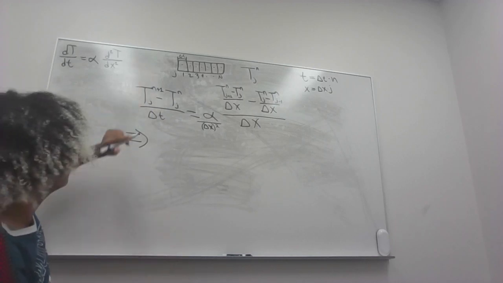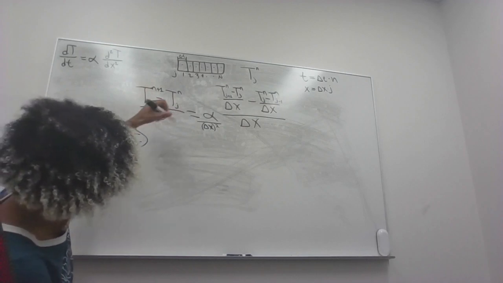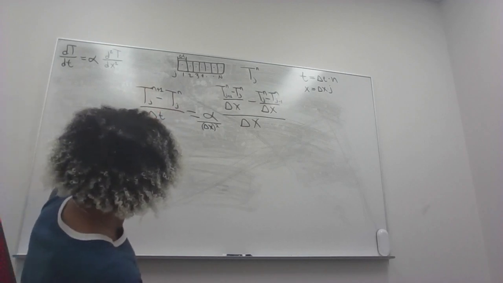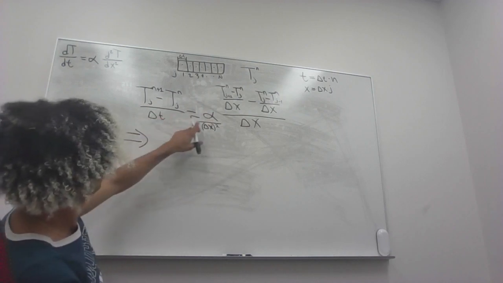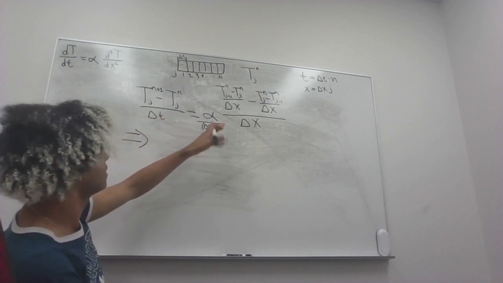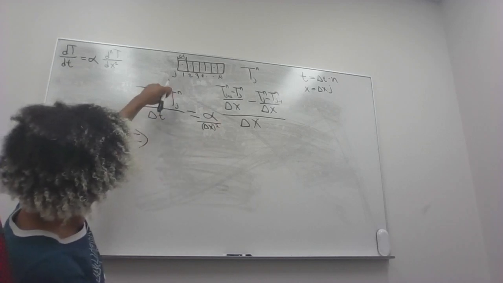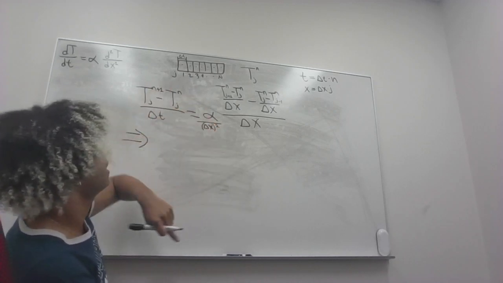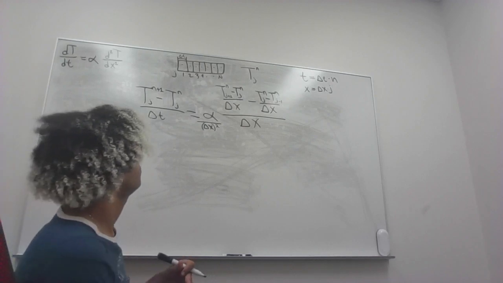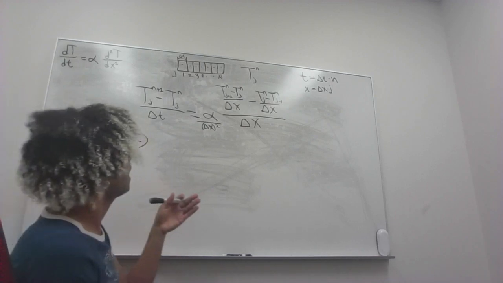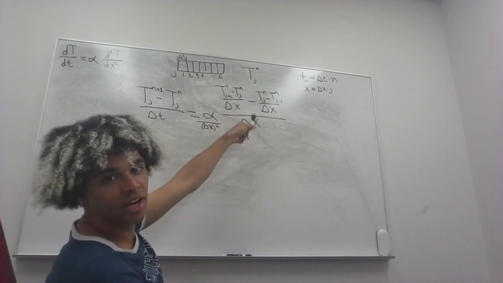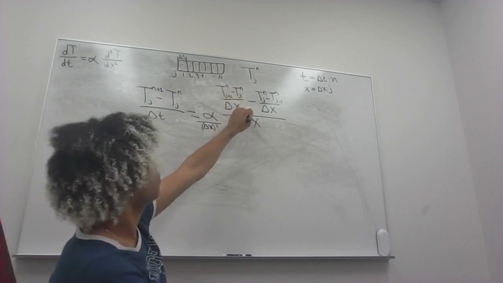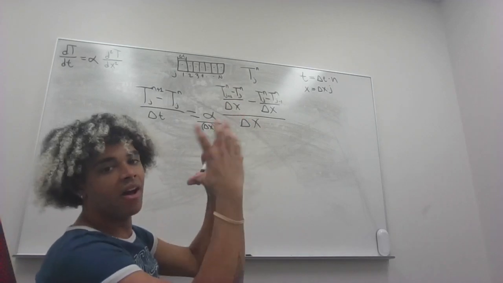To do that, you multiply that over to this side, so it'll be alpha times that change in t over change in x squared, and then we'll add this T j n over to the right side. We also need to take care of this one over here, because I'm trying to get rid of that fraction.